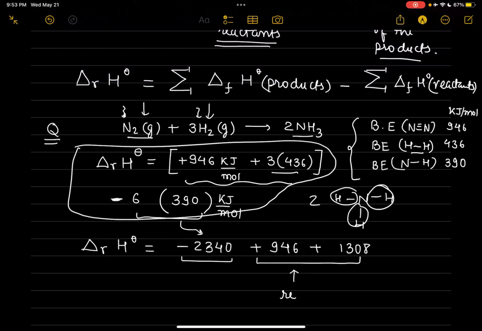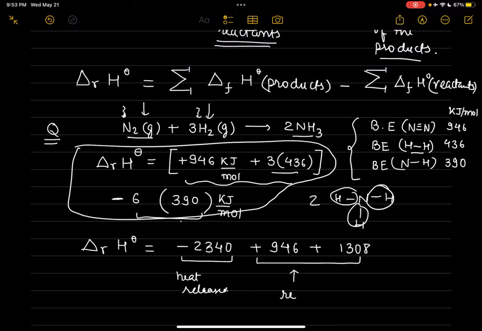Actually, I took positive because I took negative here. Or you can take bond energy as always positive. Then you can take it this way, so what you can remember, otherwise you will get confused.